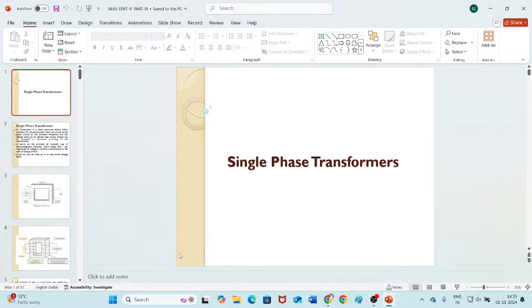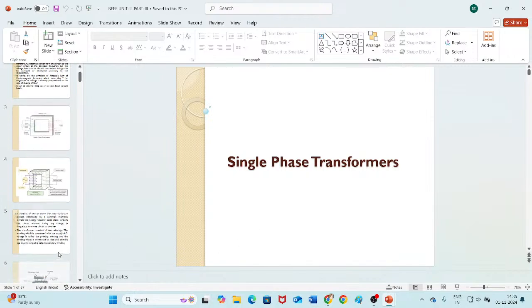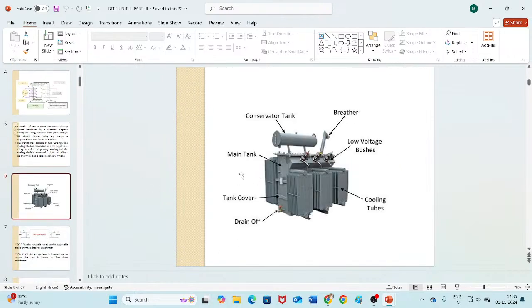So, single phase transformers. You can see a transformer here. The purpose of the transformer is to transfer AC power from one circuit to another circuit at constant frequency.